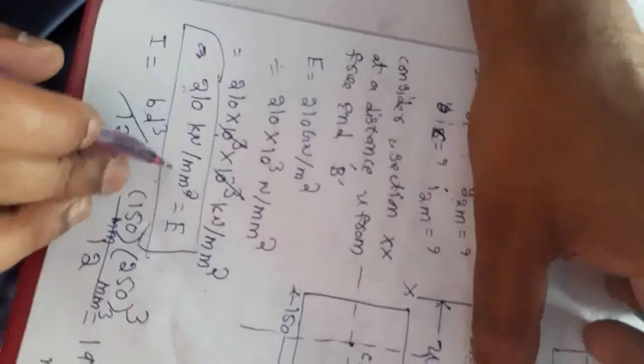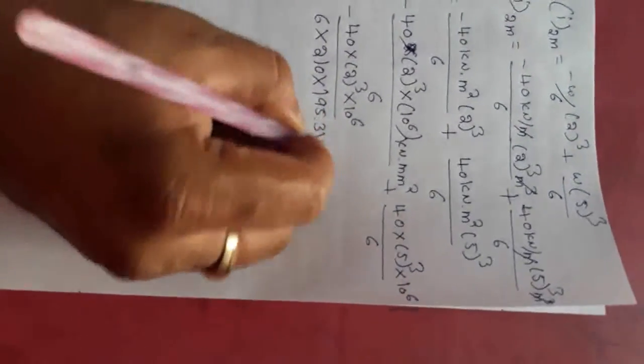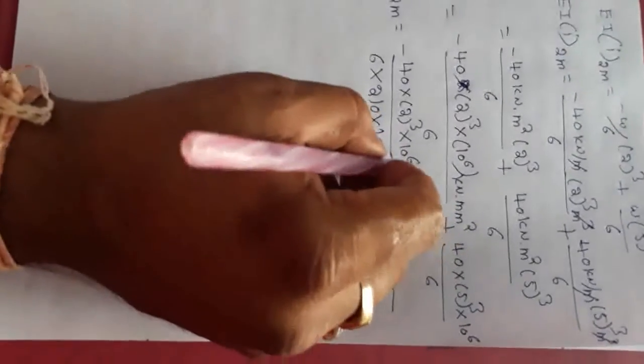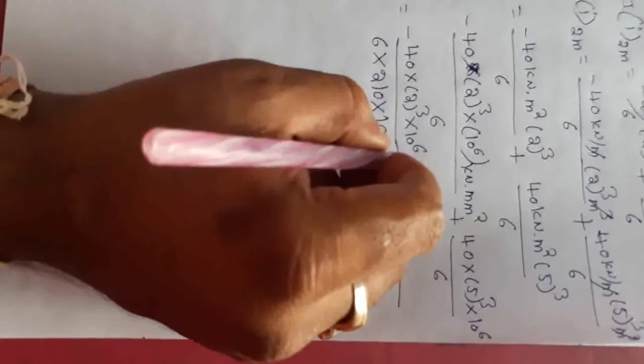EI is nothing but E, 210 kilonewton into meter square, and I is 195.31 into 10 to the power of 6. Here 6 is the LCM, and you can add these values also.